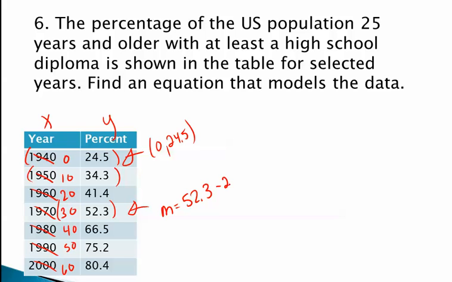52.3 minus 24.5 over 30 minus 0. 27.8 over 30.